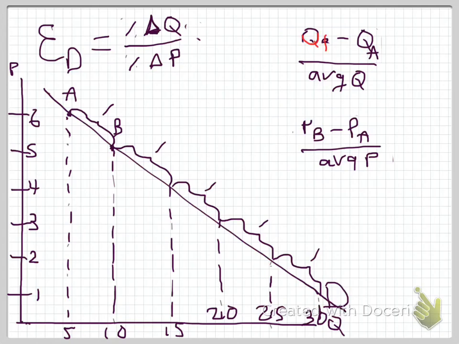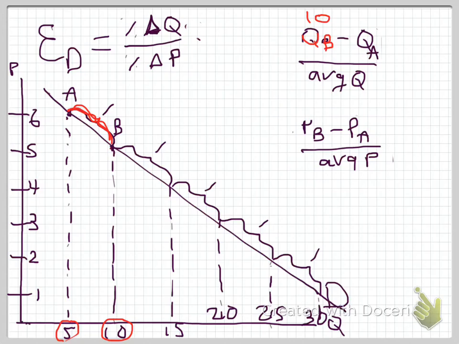We're going to go to point B, and that number is 10 down here on the quantity axis, right? So we're going to put 10 in our formula. And then quantity A, we're going to start at this point, we're going to go to the quantity axis that matches up with point A because we're finding the elasticity for that arc. Okay?